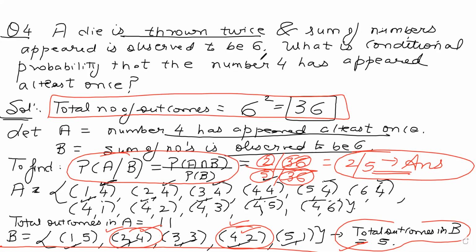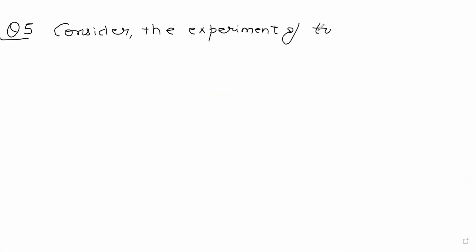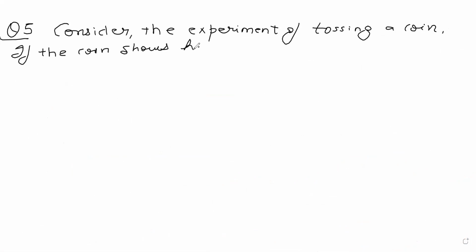Okay, and then let's look at the last question for this lecture, after which we stop. Question 5. Consider the experiment of tossing a coin. If the coin shows heads, toss it again.